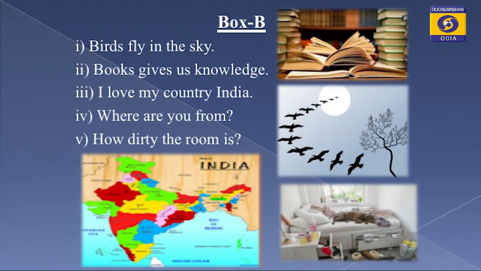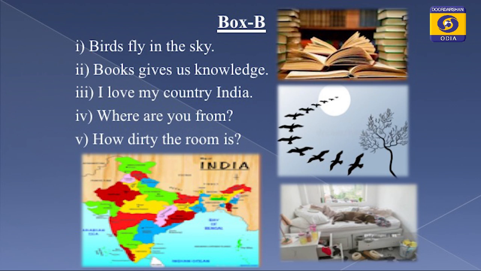Then you see box B. In box A, we discussed some jumbled words. In box B, those jumbled words are arranged in a specific order.